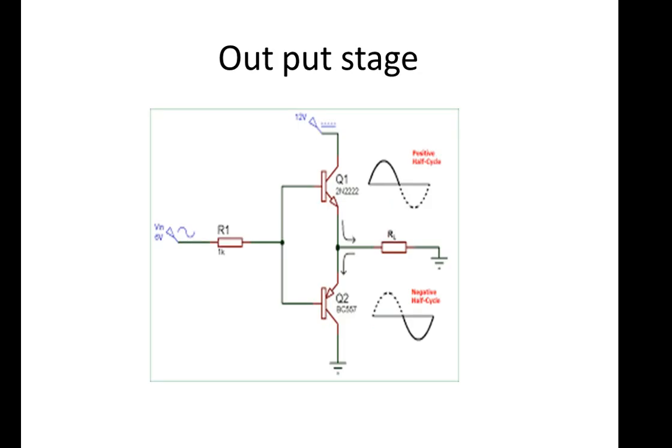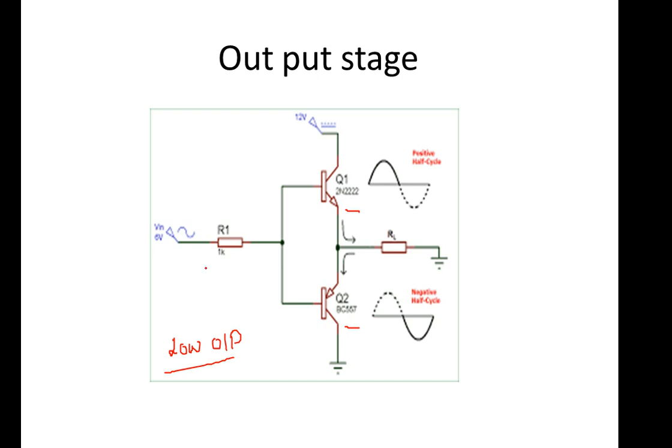The function of this last stage, the output stage, is to supply the load current and provide low output impedance. As we know, the op-amp has high input resistance and low output resistance. In order to provide the low output resistance, this stage is useful. Here we are using the NPN transistor as well as the PNP transistor. These are complementary transistors.